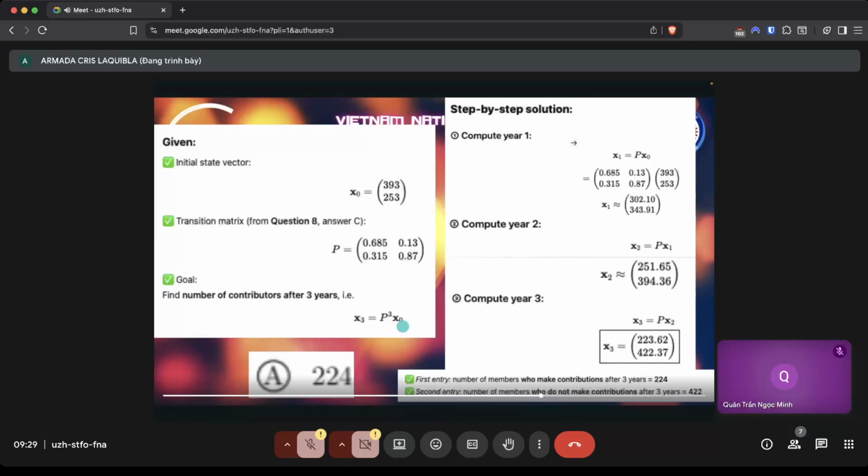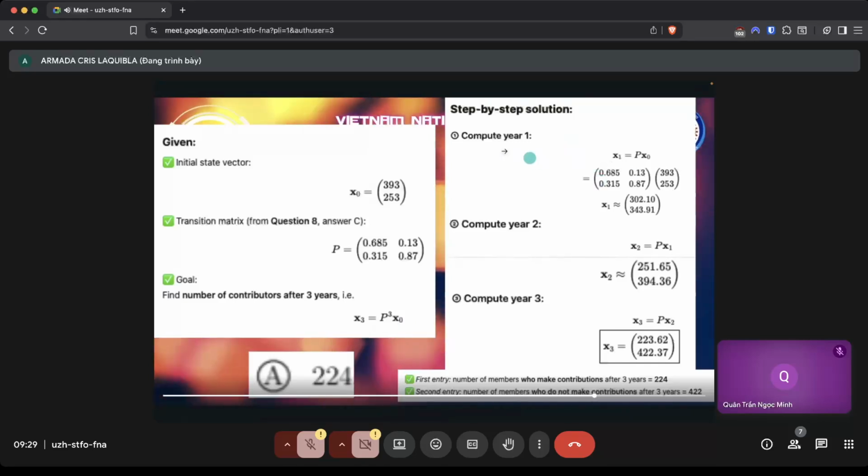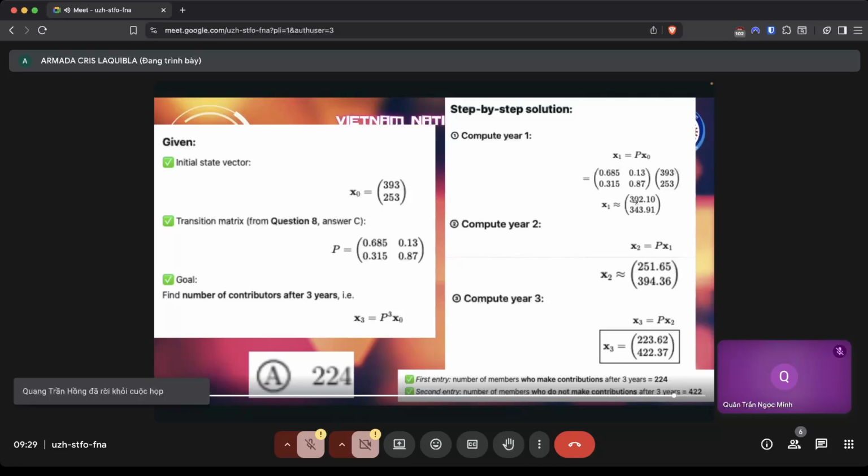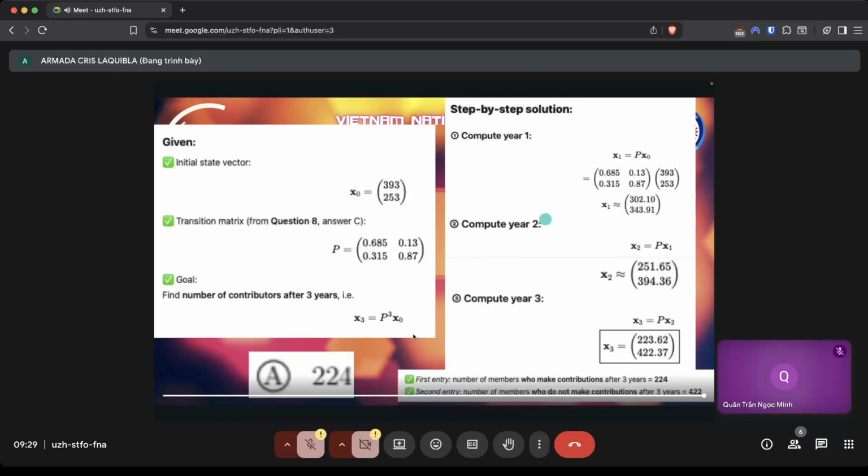First we get the X1, so compute for 1 year: P times X sub 0. The result is this. That is your X sub 1. You can also multiply the P matrix 3 times and then multiply it with the X sub 0. It's okay.